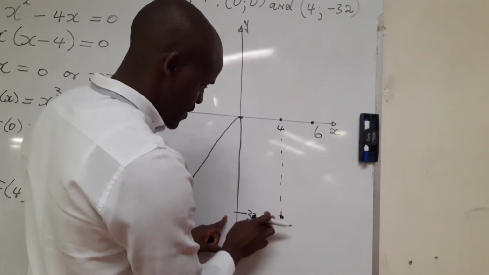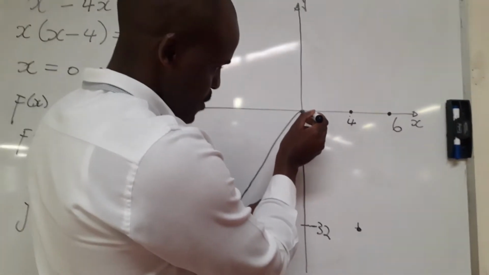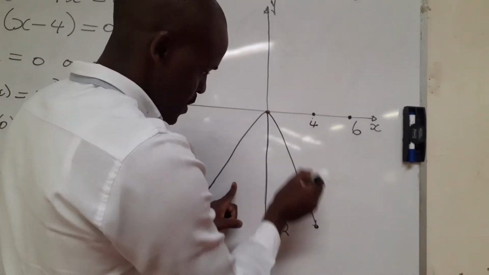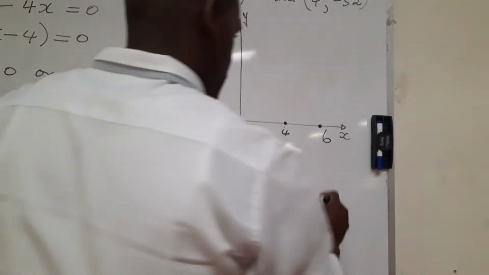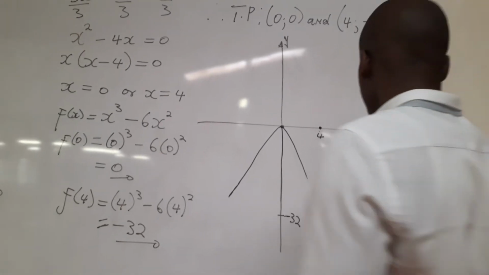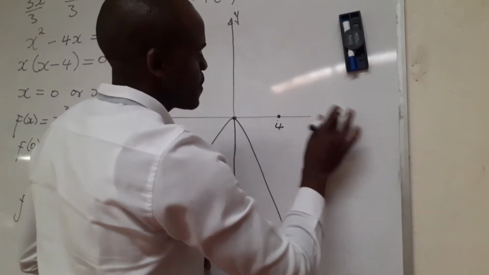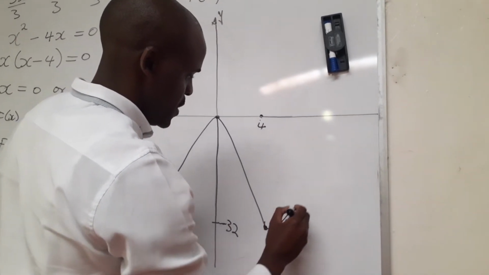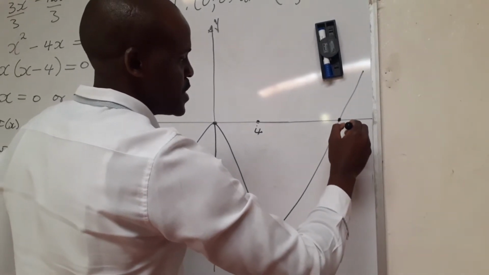So we are going to have a turning point there. Your graph moves from 0 up to that point down there. And then again, from there, it goes up to cut that point where x is equal to 6. Right, you have a turning point here, and this is 6 here.